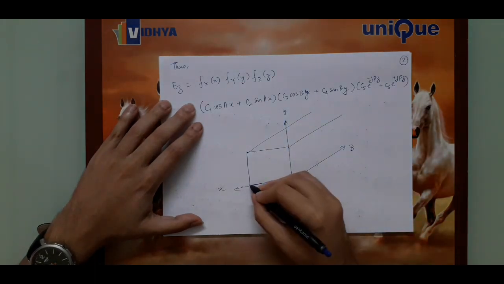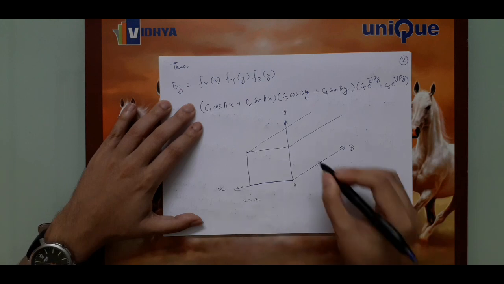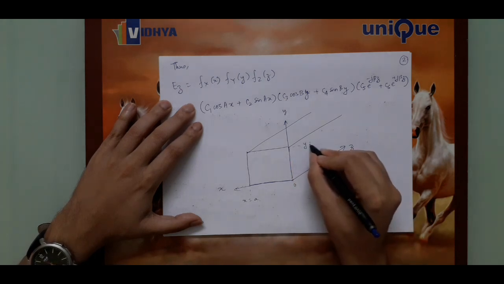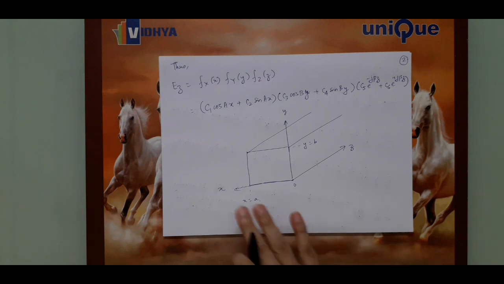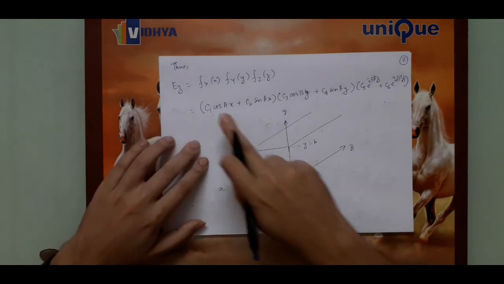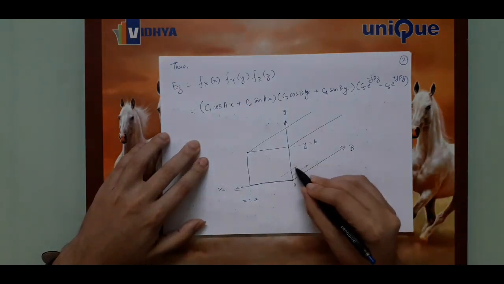This is 0, this is x equal to a, and this is y equal to b, where the cross section of this waveguide is a rectangle, and in general a can be more than b. Now remember that this Ez is along the z direction, so it can exist this way.